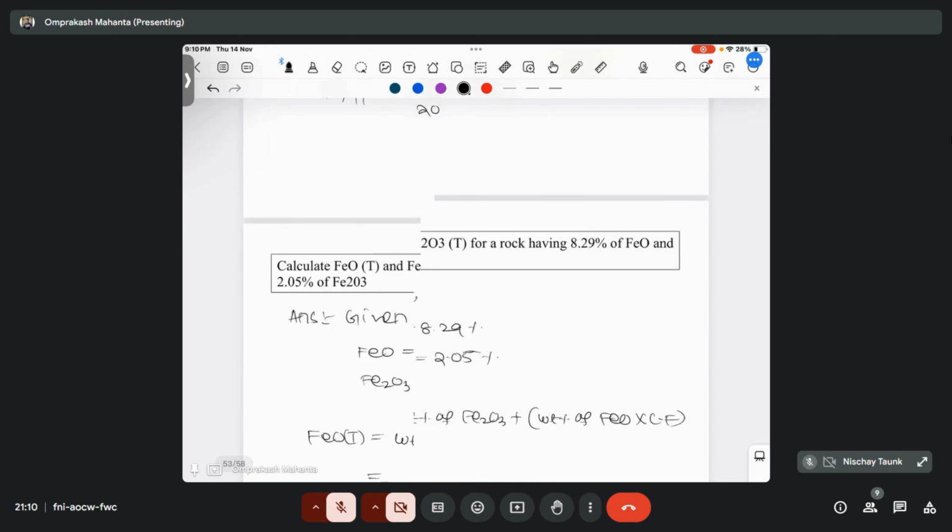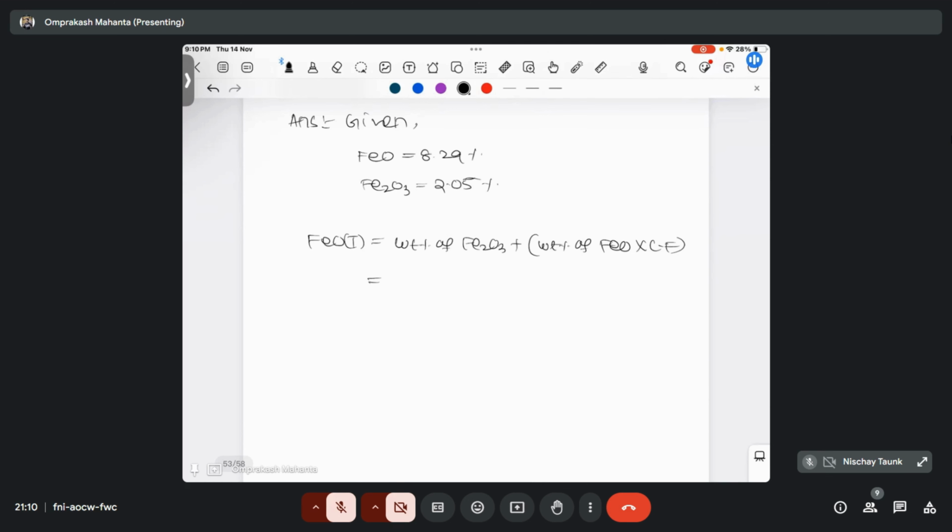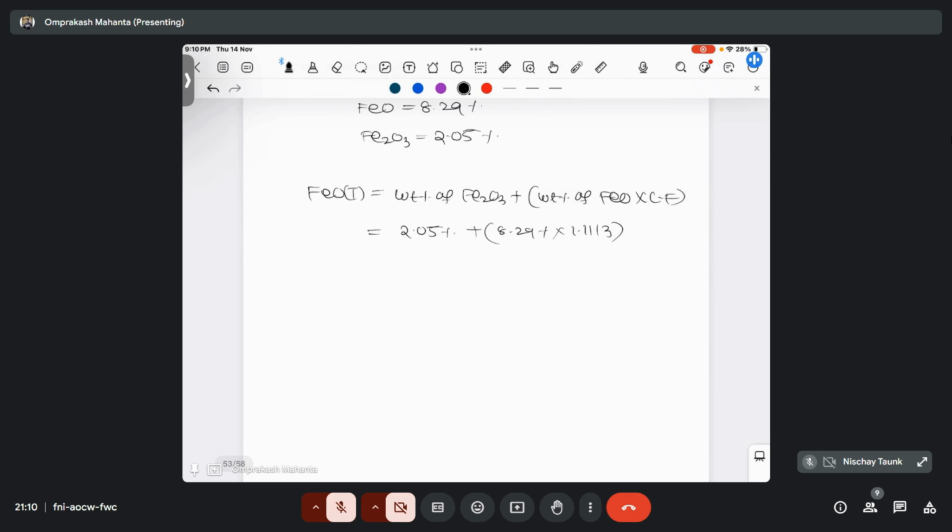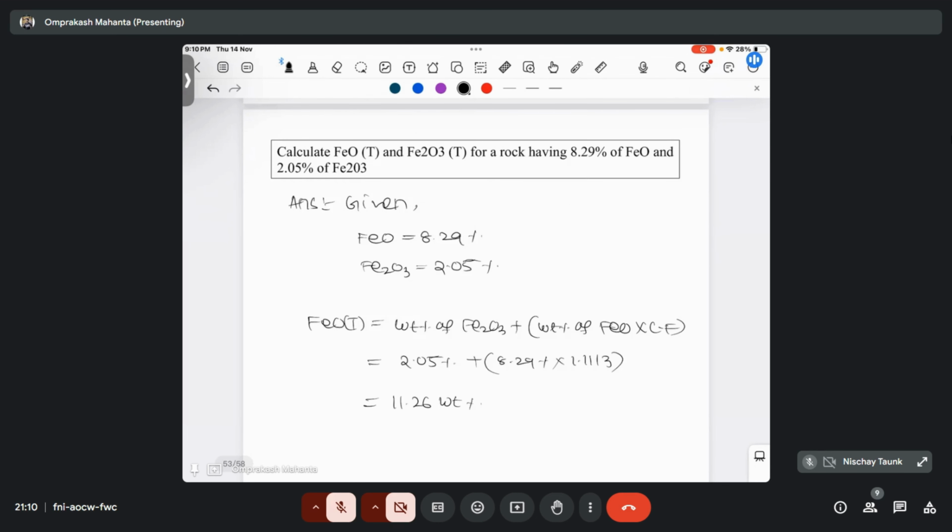So by that way we will calculate it. Here the weight percentage of Fe2O3 is 2.05 percent, plus the weight percentage of FeO, 8.29 percent, into the conversion factor for FeO, which is 1.1113. If you solve this, it will come around 11.26 percent. So the FeO total is 11.26%.